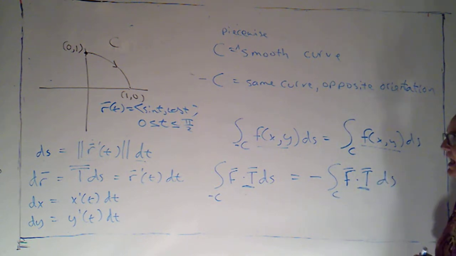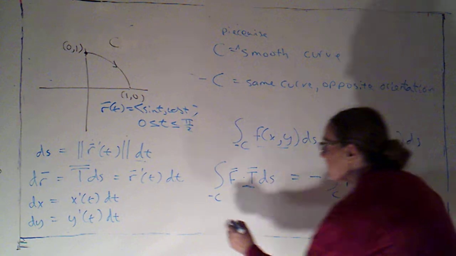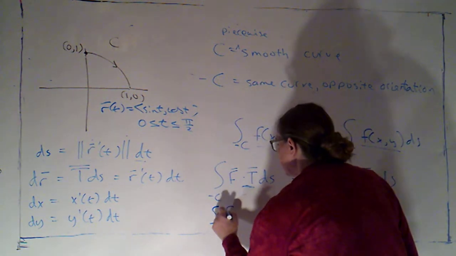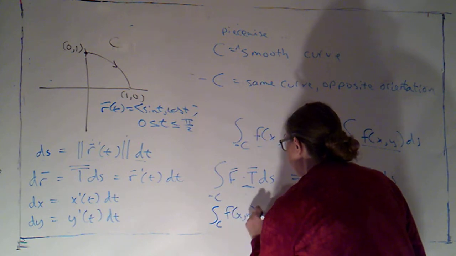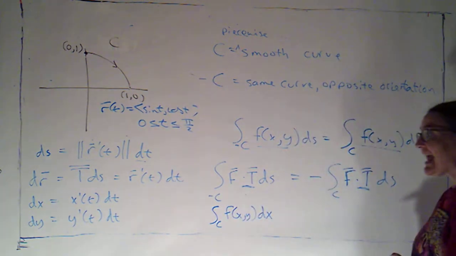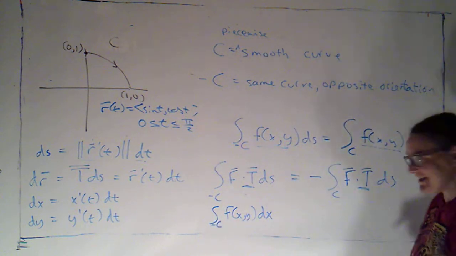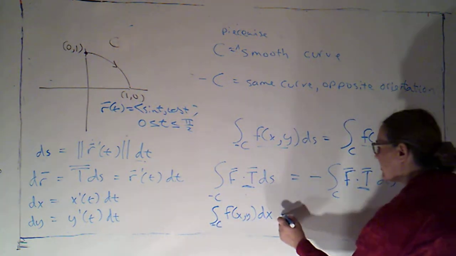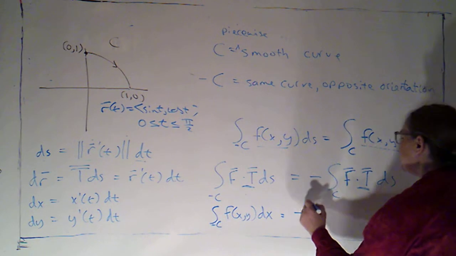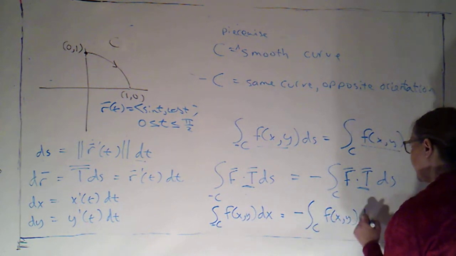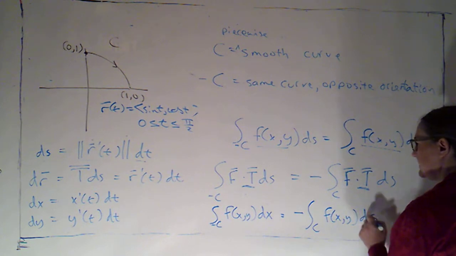Okay. Now, what that means is if I'm integrating along C some function f(x, y) dx, and integrating along negative C, if I reverse the orientation of my curve, that's going to give me the opposite of the integral along C of f(x, y) dx.